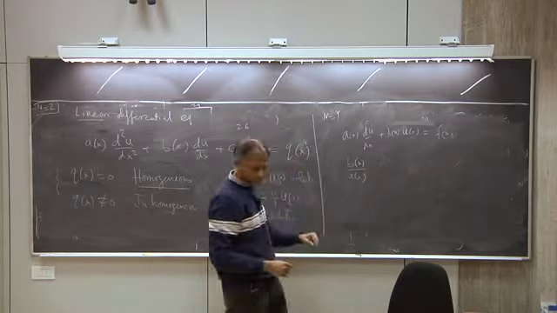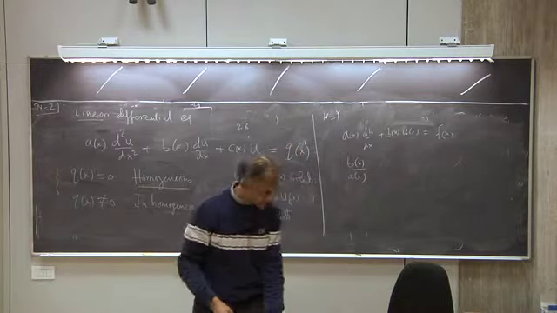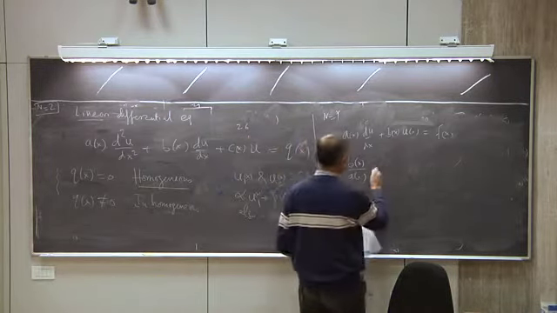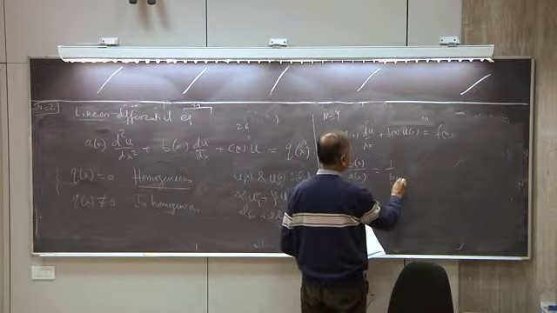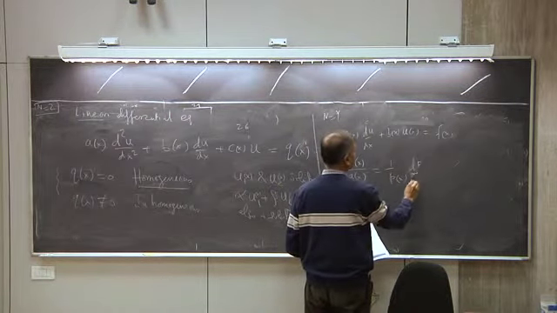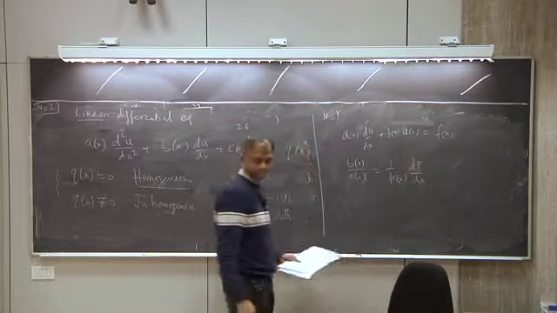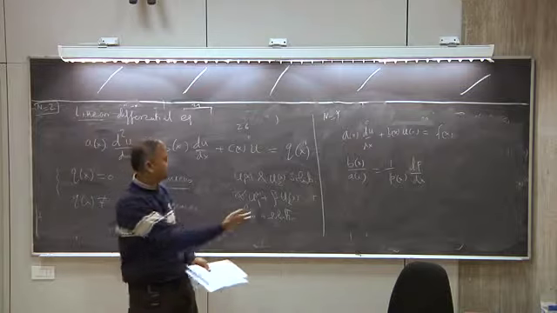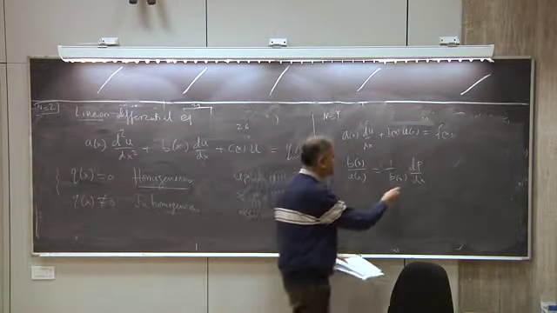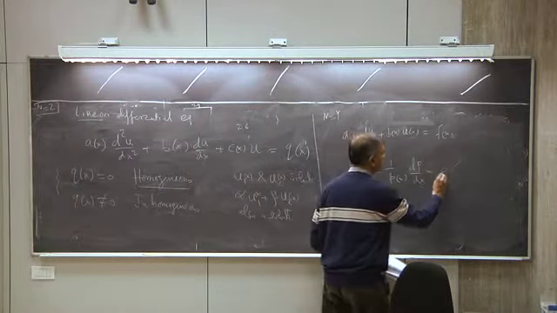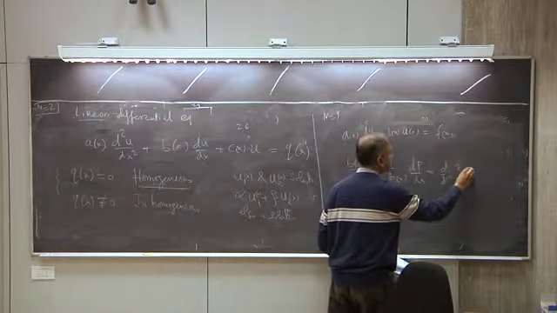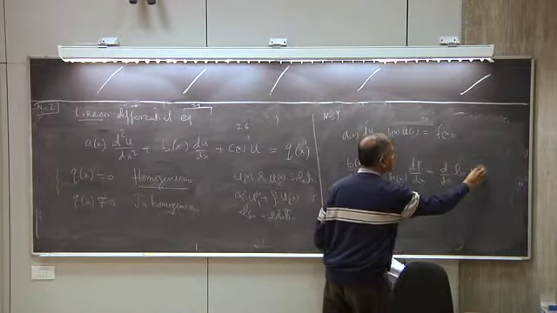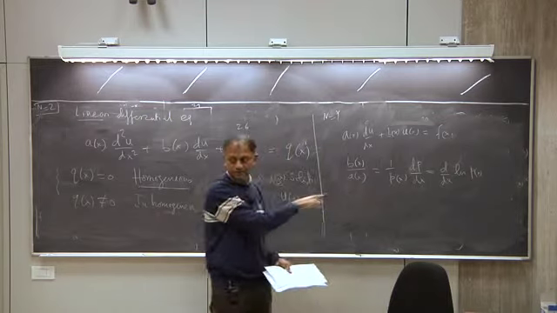So take this ratio b by a and rewrite it as 1 over p(x) dp by dx. This is a definition of p. Of course, you can solve for p. This is the same as d by dx of log p(x), right?